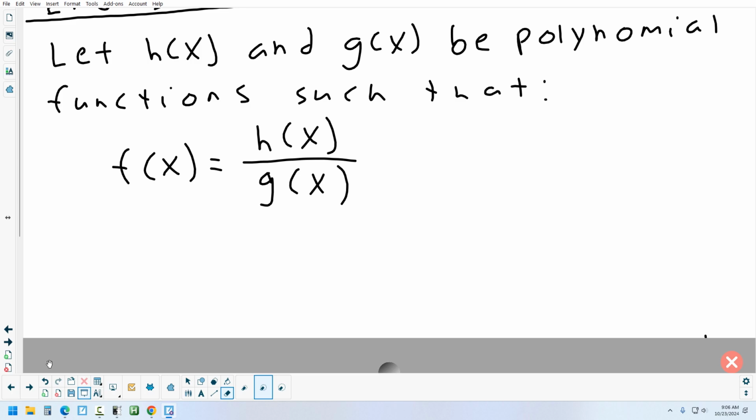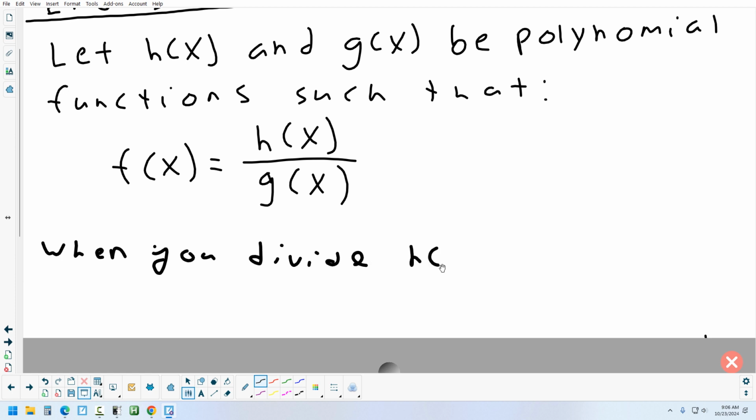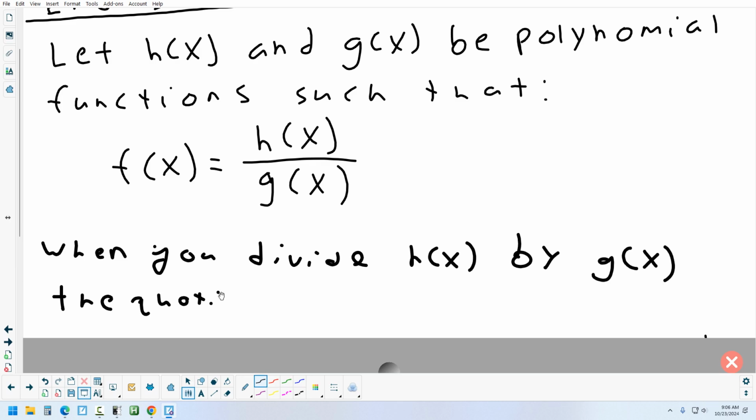So the quotient, we already have been doing quotients. We're just not going to call it the quotient when we write our final answer. We're going to call it the end behavior asymptote. Okay. So when you divide h of x by g of x, the quotient is the EBA.